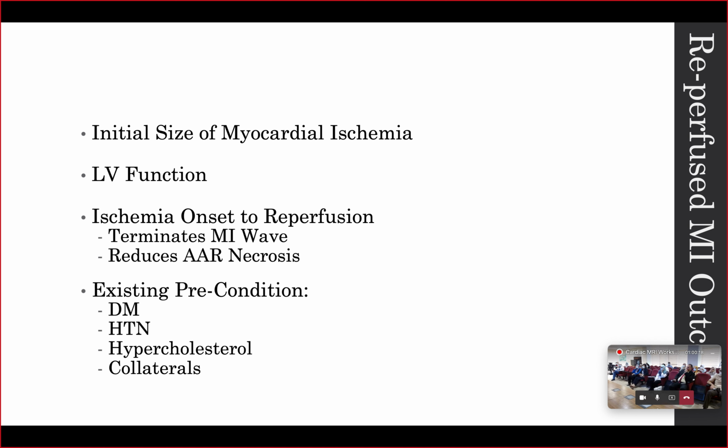One of the important factors is the time to reperfusion, because this is the time where the wave of the myocardial infarction will terminate and the area at risk that will undergo necrosis will stop. Patients who have preconditions, diabetes, hypertension, have the worst prognosis.